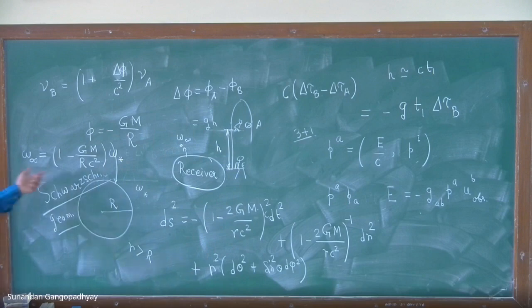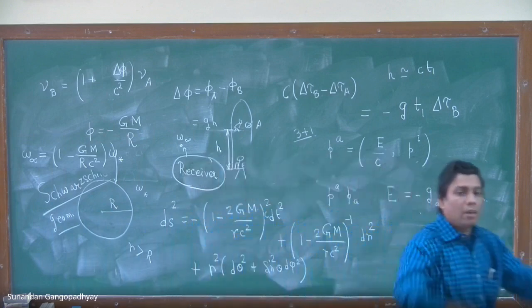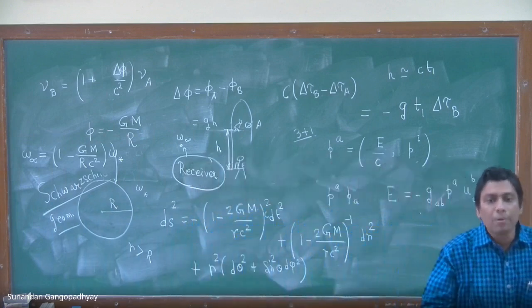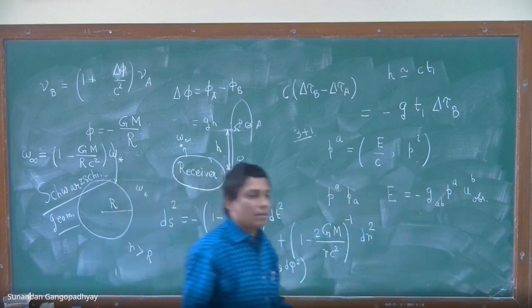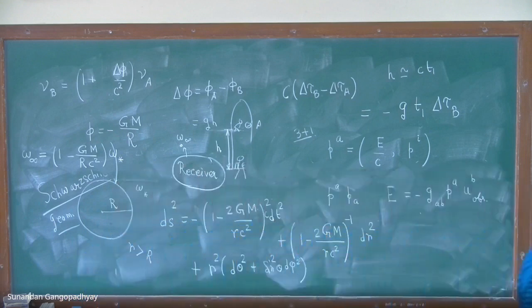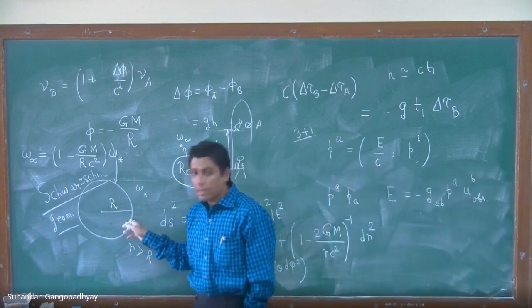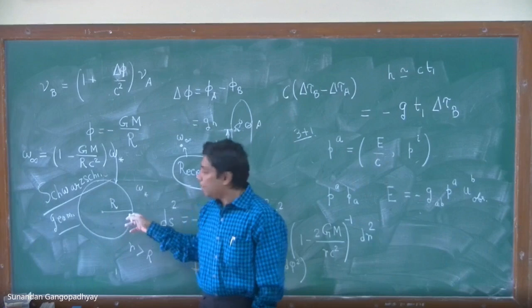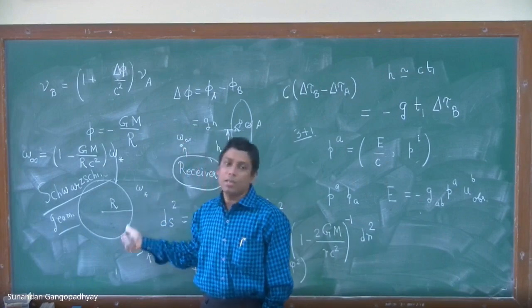So he will receive the signals at a lower rate. In a given interval of time, he will receive a smaller number of signals. The rate at which he receives the signals will be smaller. So the guy at infinity will see the clock of the guy sitting on the surface of the star and sending signals run slow.